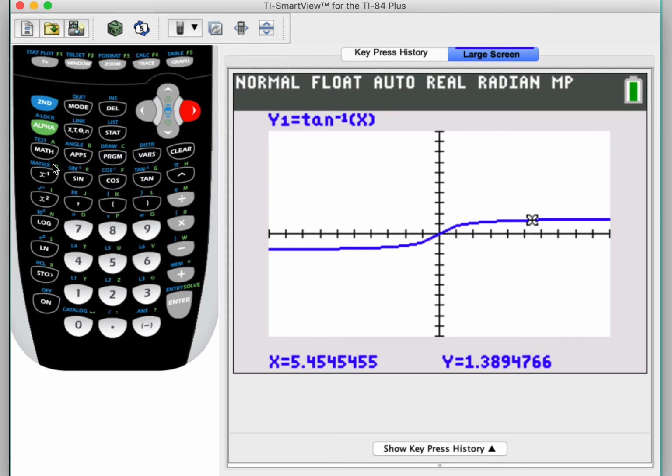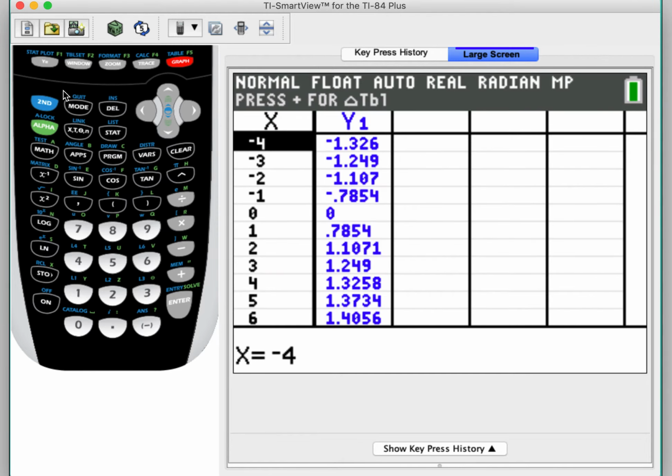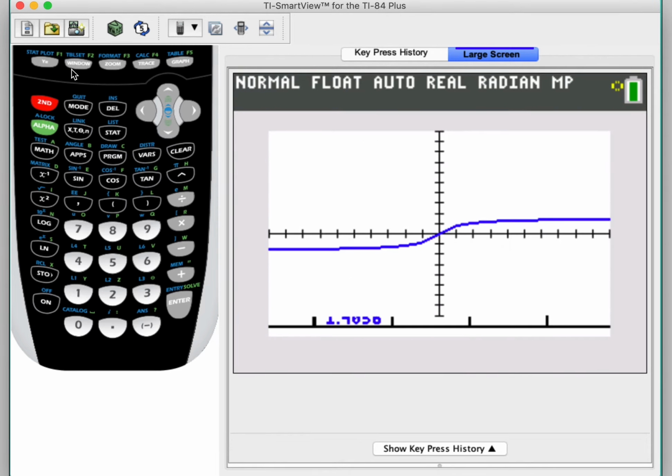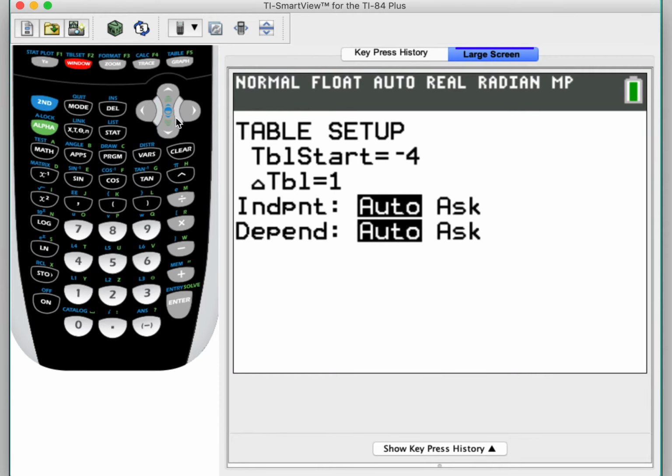The other thing you guys could do is go to your table, and it should be set to ask. Then I'm going to go to the table.